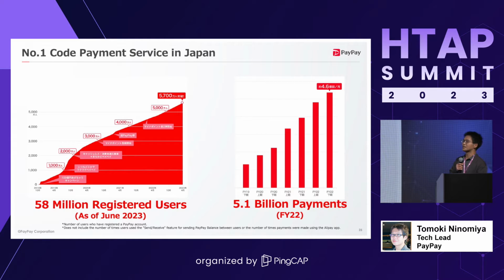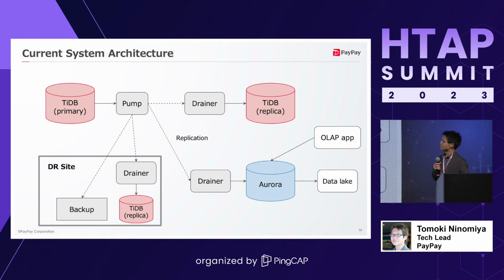So let me talk about the future of the current TiDB in PayPay. Before going forward, I need to show the current architecture at PayPay. We have the primary cluster on the left side, and we are replicating its data with TiDB Binlog, which is a TiDB component. And we have a TiDB replica in the local region.